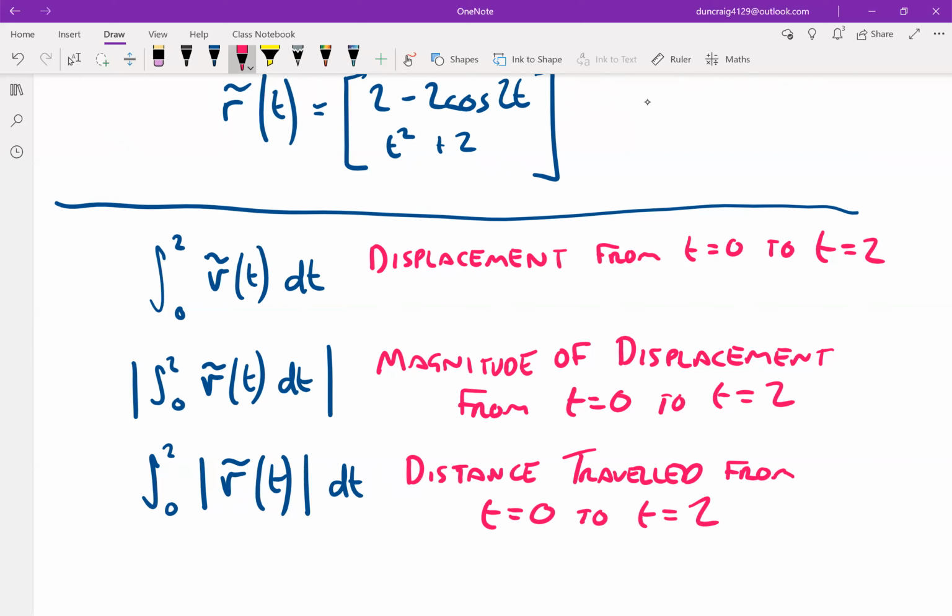The main ones you're going to be dealing with will typically be the first one and this third one. If you want to find a distance traveled, a scalar amount, you take the absolute value of the velocity and integrate it. Otherwise, if you just do a plain integration, that'll tell you the displacement. So just one thing for you guys to consider.